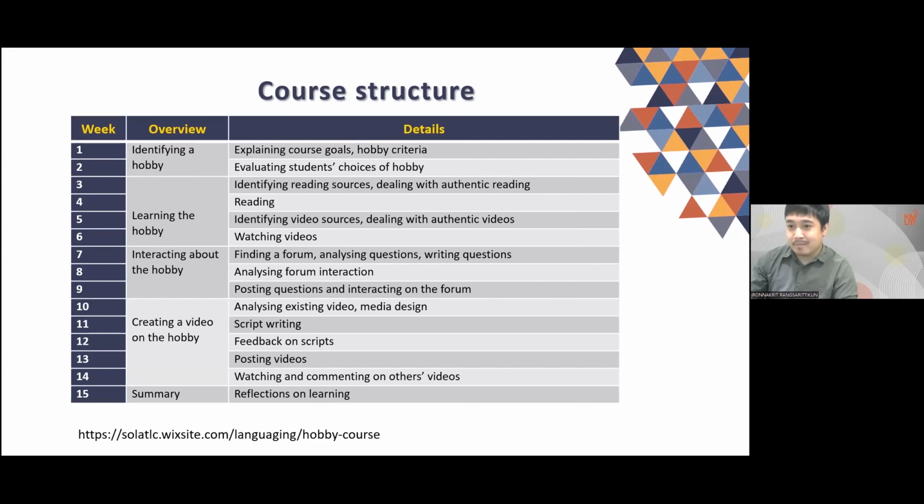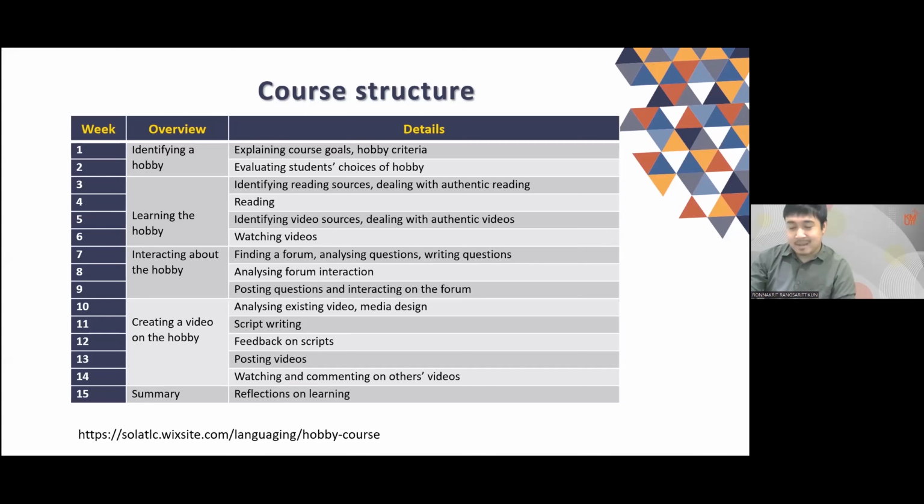So we have to make them understand that English learning can be approached from a different perspective or a different mindset. And then we need to help them choose a hobby to do in the course.